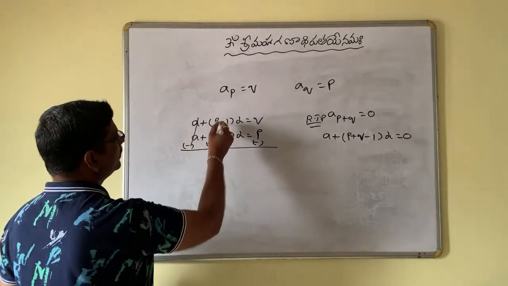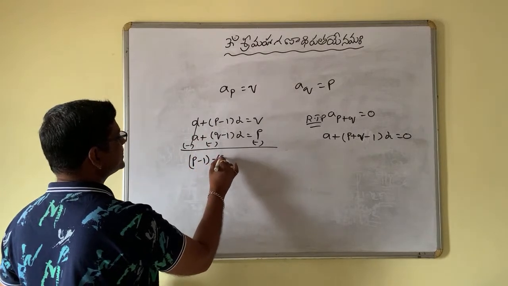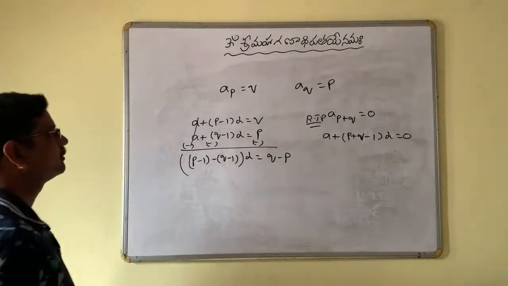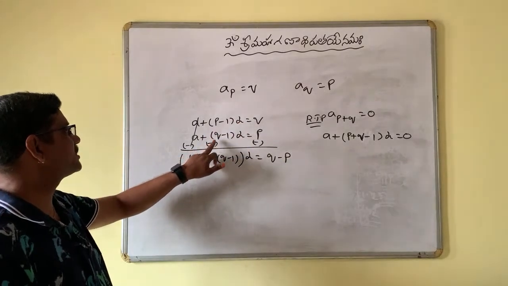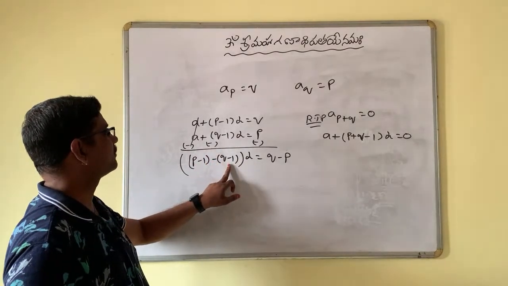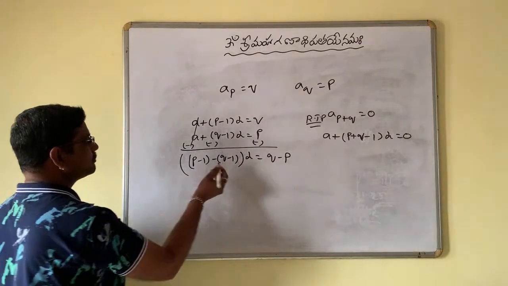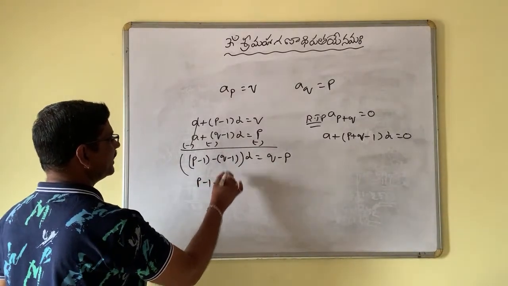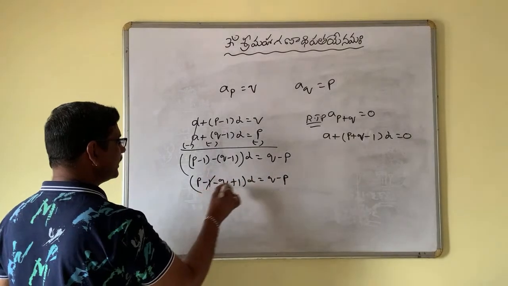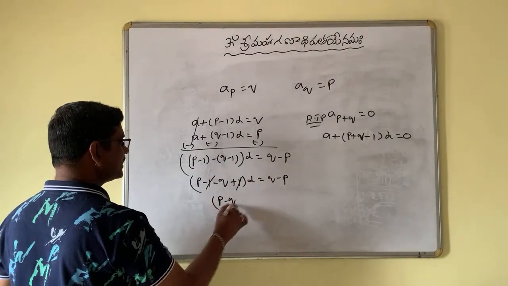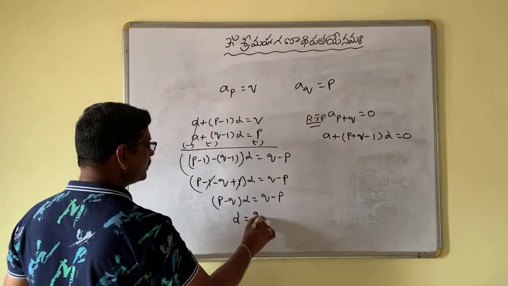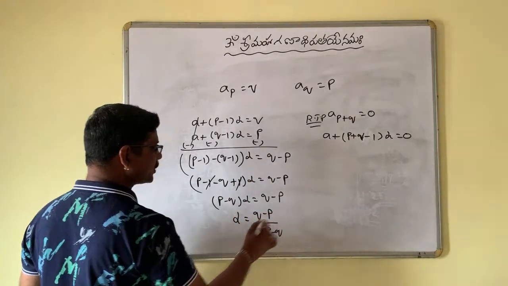(P minus 1 minus Q plus 1) times D is equal to Q minus P. Minus 1 plus 1 cancel. So (P minus Q) times D is equal to Q minus P. Then D is equal to (Q minus P) by (P minus Q).